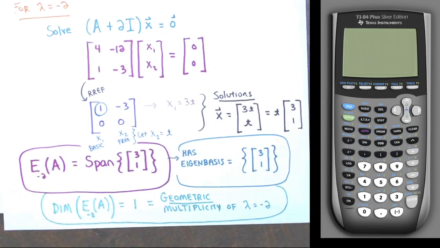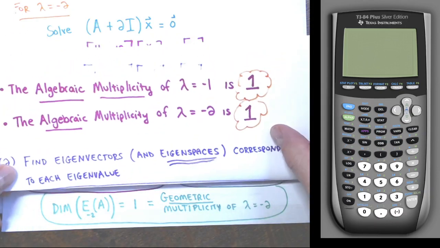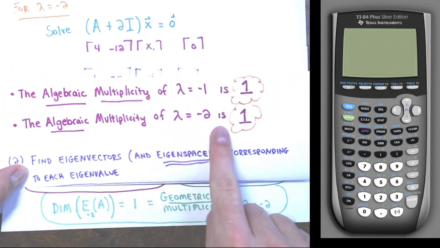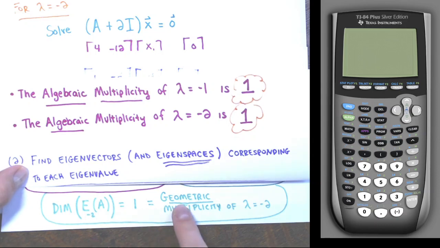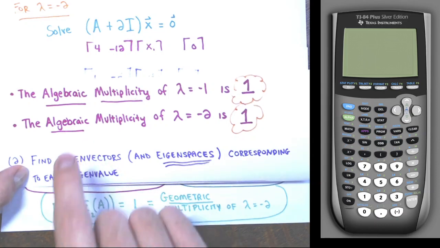Great. And as I mentioned before, the geometric multiplicity of an eigenvalue should be less than or equal to the algebraic multiplicity. And we saw earlier the algebraic multiplicity of -2 was also 1. So again, they are equal, but the geometric will be less than or equal to the algebraic.